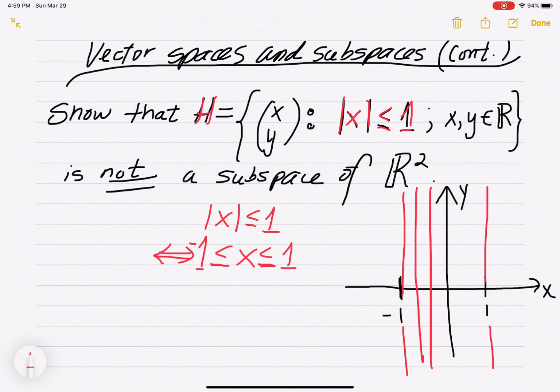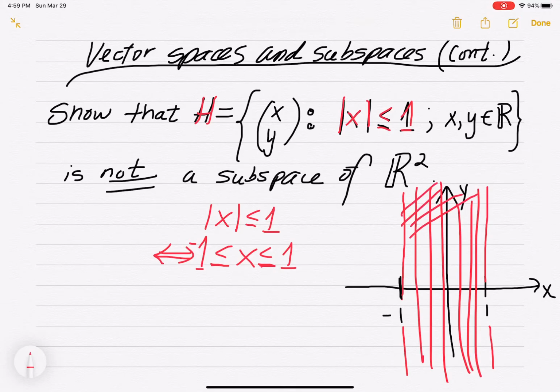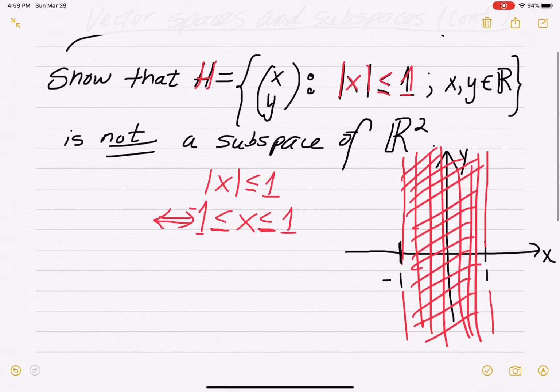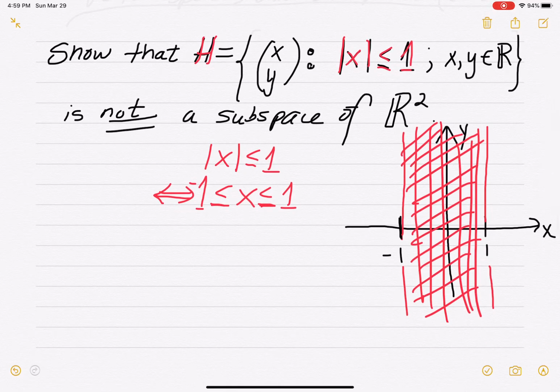So basically we're talking about this strip here between negative 1 and 1 on the x-axis. This whole entire strip is the set H, that varies between x equals negative 1 and x equals positive 1. All right, now this may give you some inspiration.